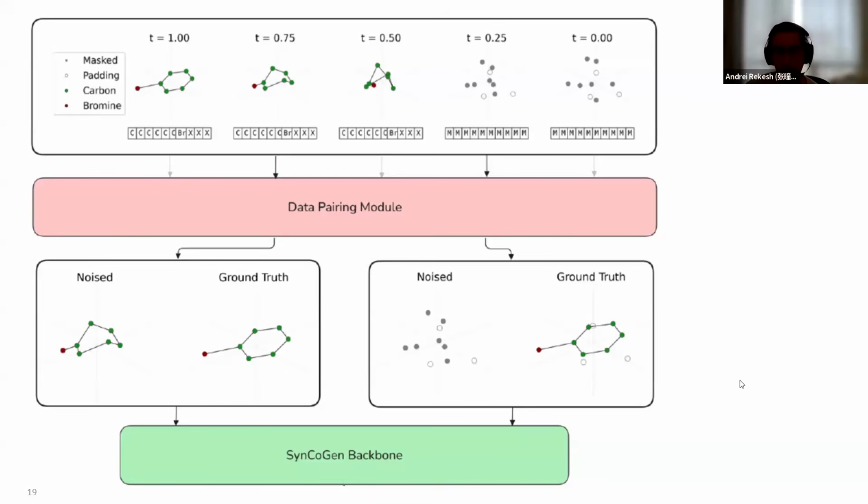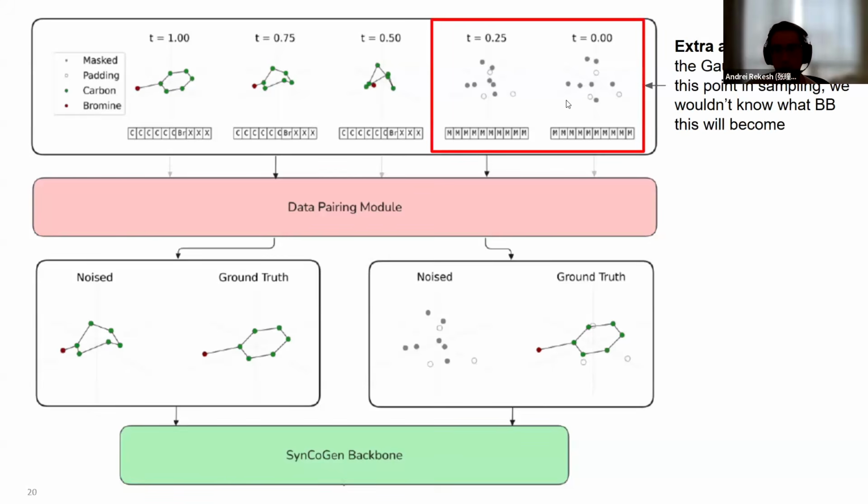And so we see that on the top, once a molecule is fully noised, we have these extra atoms from a Gaussian prior. And at this point in sampling, we wouldn't know what this building block would become. So the number of atoms here is greater than the number of visible atoms once the building block has been denoised.